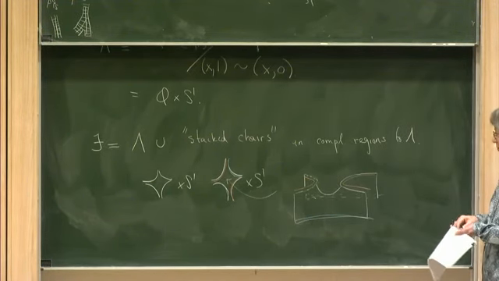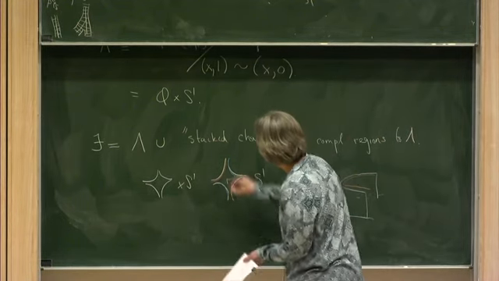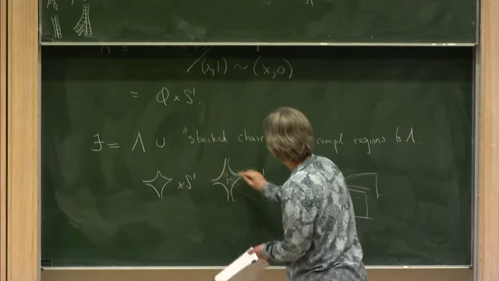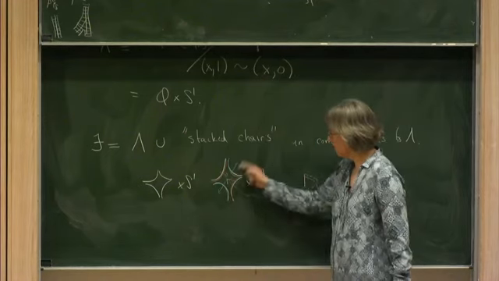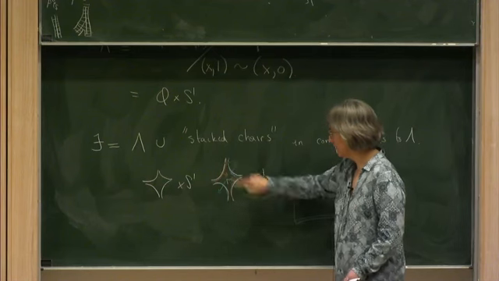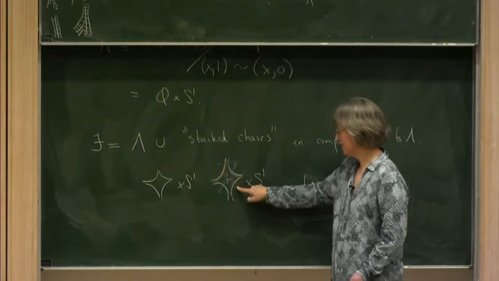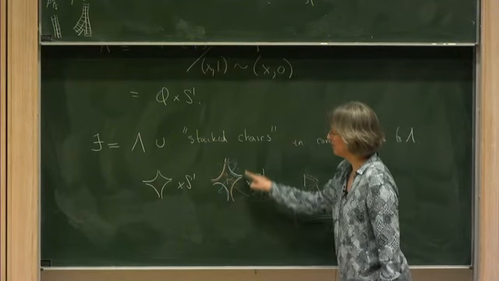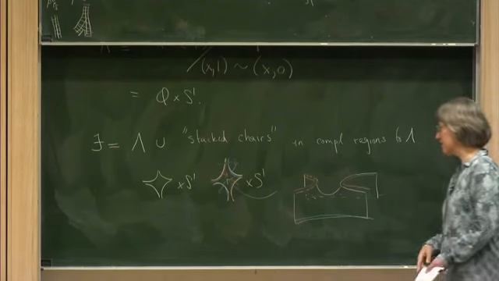So I began with something transversely oriented. Let me do the transverse orientations. Maybe I chose to do this. You can notice that automatically, since I'm transversely oriented, this arrow is right here. So once I've chosen red, I've chosen blue, which decides red, which decides blue again. So I need an even number of cusps for this game to work, but it's going to work whenever I have an even number of cusps.